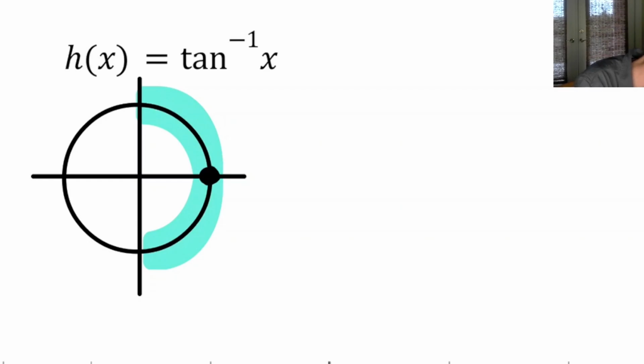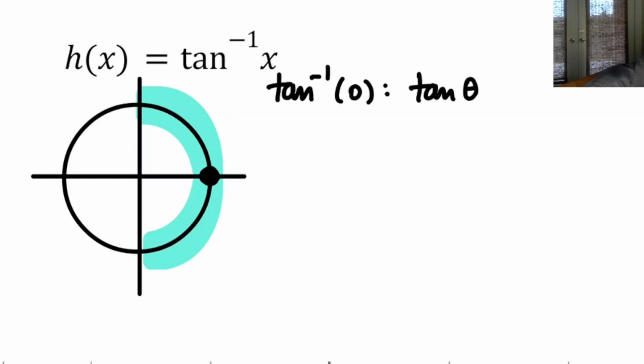Okay, this is a place where tangent is 0, right? Because it's sine over cosine. Where's the most obvious place where tangent is equal to 0? That's theta equals 0. So I'm going to compute a few key values. Inverse tangent of 0. In order to find that, I'm going to think where on the unit circle is tangent theta equal to 0.